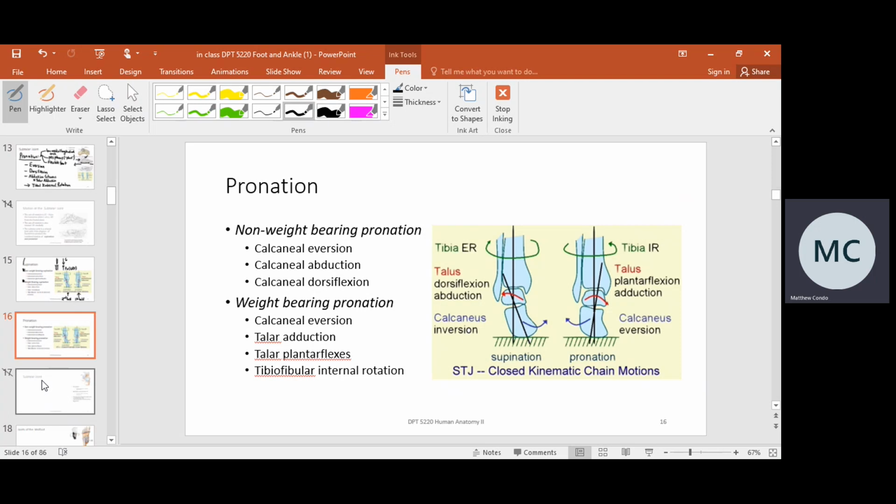Again, talus doesn't sit flush on the calcaneus, so there's going to be a couple different motions that happen. And then my tibia is going to internally rotate. This is going to create a more flexible system. All right, any questions on pronation?